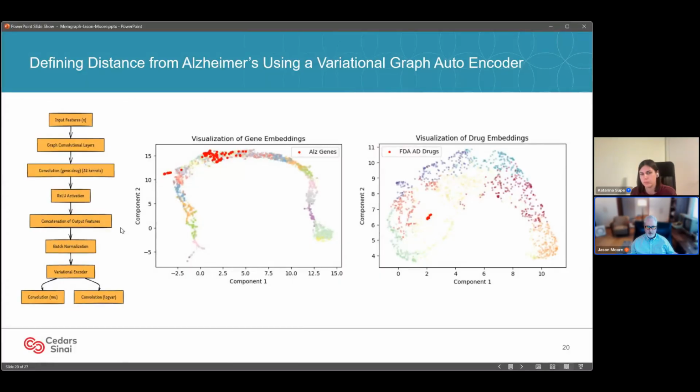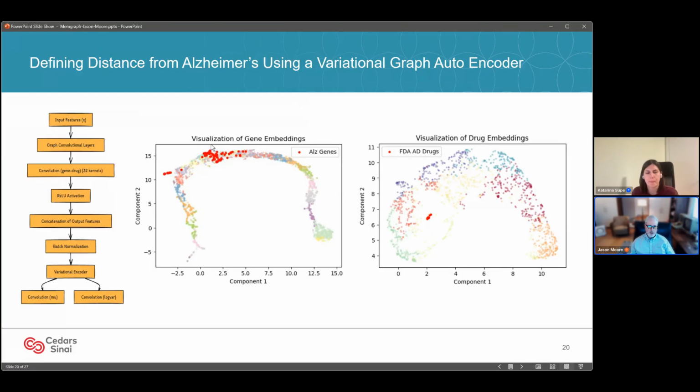And then because it's an autoencoder, using those hidden layer nodes, it tries to recreate the graph. The hidden layer nodes we use as embeddings in multi-dimensional space. So this is an example in 2-dimensional space, but the results I'm going to show are in 16-dimensional space. The red are the known 100 Alzheimer genes, and the other colored are the rest of the genes in the data set.